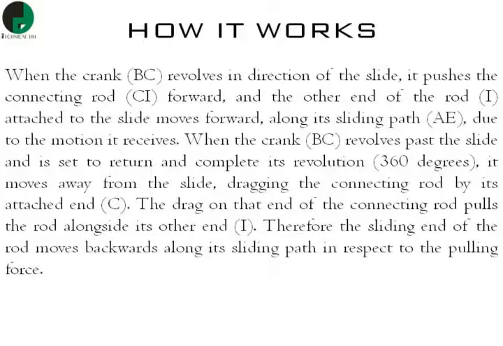The drag on that attached end of the connecting rod pulls the rod alongside its other end, that sliding end. Therefore, the sliding end of the rod moves backward along its sliding path due to the pulling force.